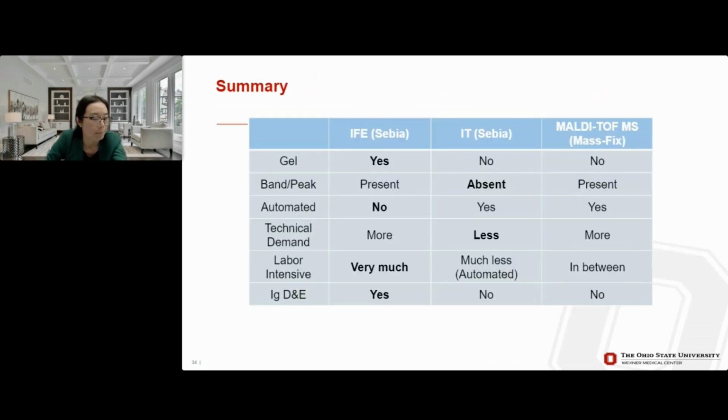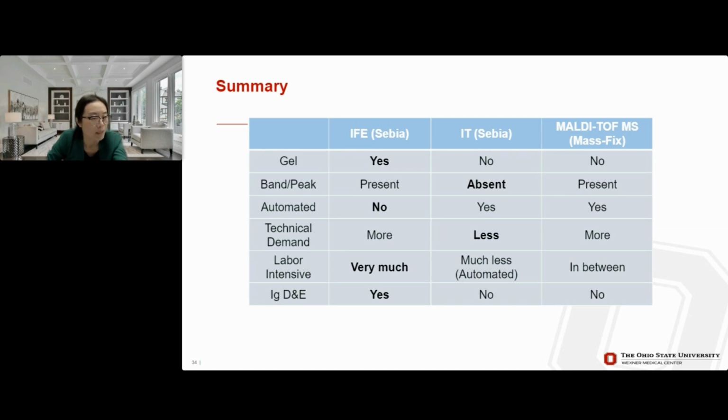In summary, I have shown this table in previous slides, but now together with mass spec. The pros and cons of IFE and IT immunotyping have been discussed in the previous slides, and here I just want to discuss the mass spec.